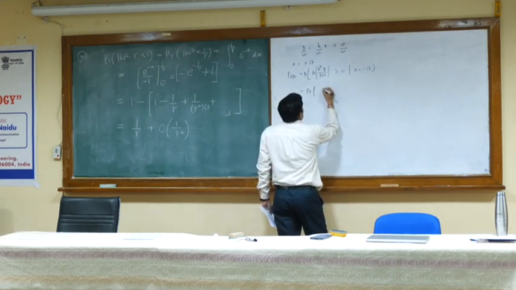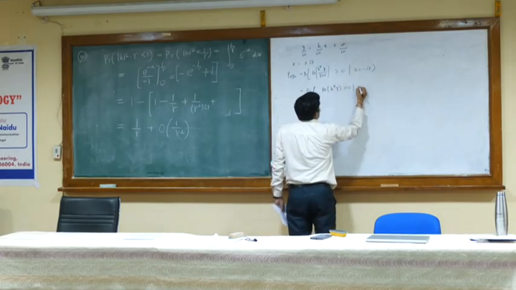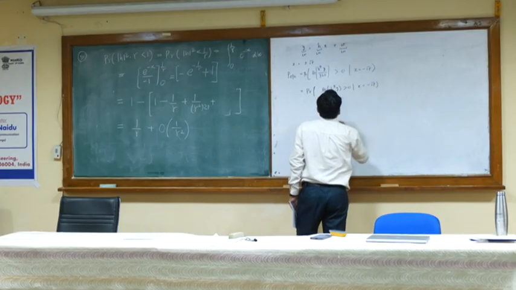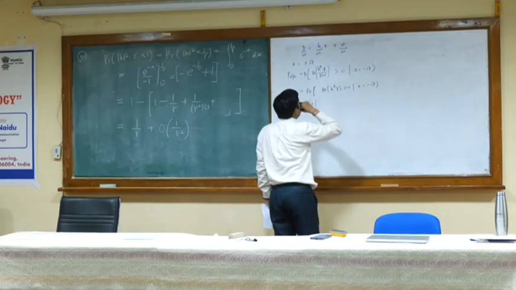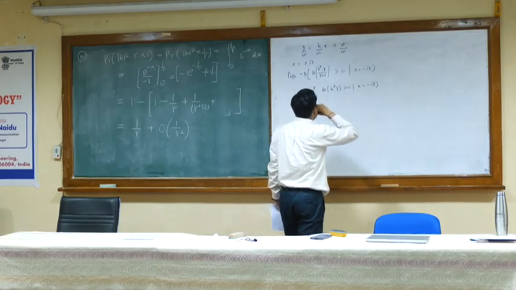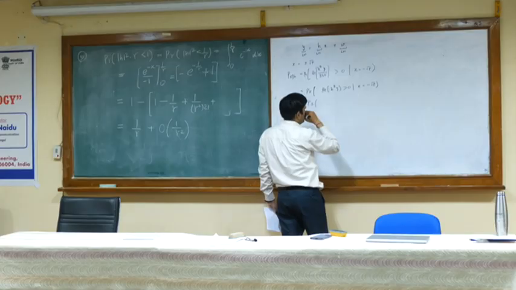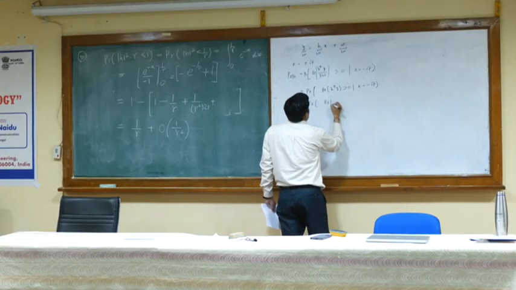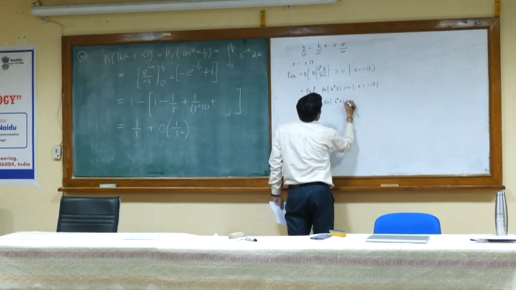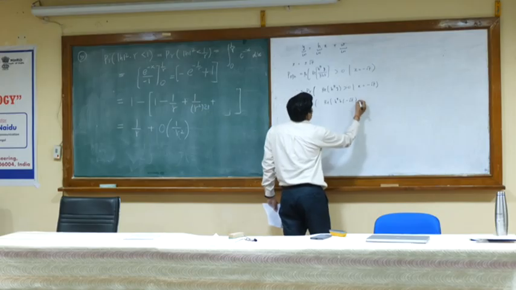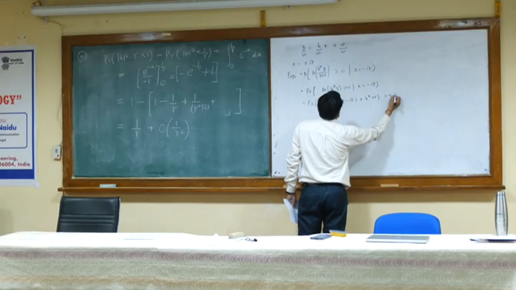So we can write this as real of h Hermitian y greater than 0, x is equal to minus square root of p, and we can put the value of y. Real of h Hermitian h into x is equal to minus square root of p plus h Hermitian w greater than 0.